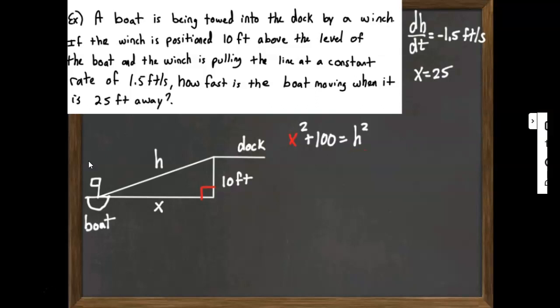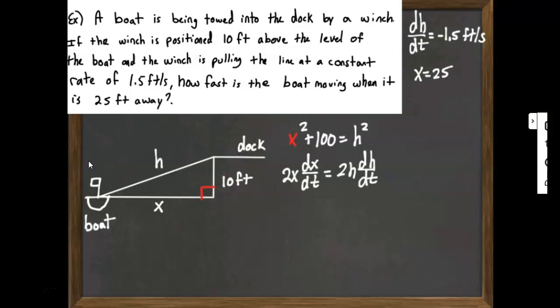But for now, we can differentiate that equation to get the relationship between dx/dt and dh/dt. The derivative of x squared is 2x dx/dt. The derivative of 100 is 0. The derivative of h squared is 2h dh/dt.